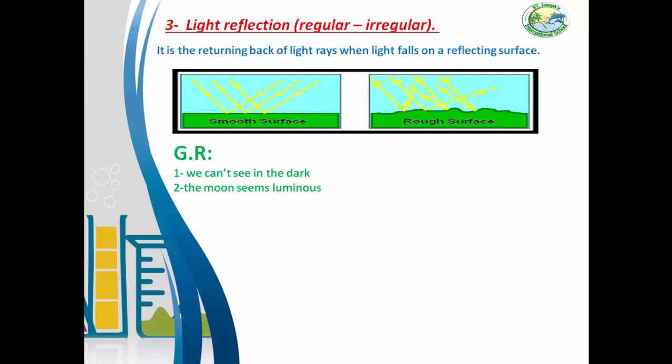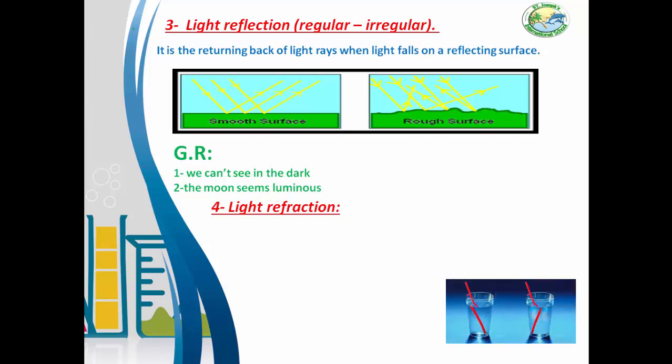The first property of light was that light travels in a straight line, then transmission of light through different materials, then light reflection. The fourth one is light refraction. If we look at this picture, we can say that this pen appears broken.